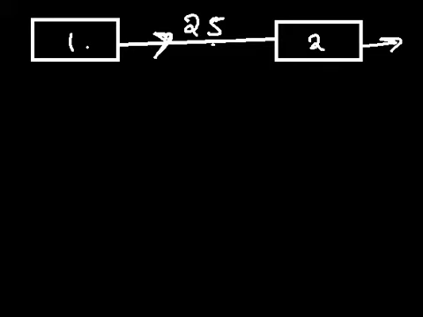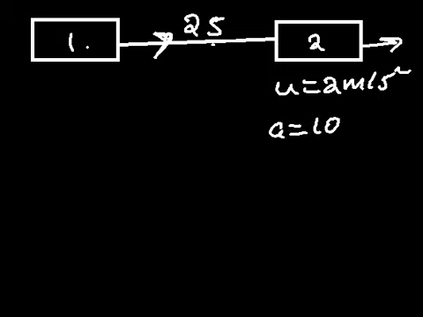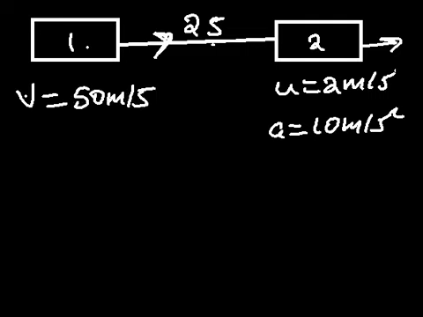And let's say object 2 is moving from an initial velocity of 2 meters per second, at a constant acceleration of 10 meters per second squared. By the way, the velocity has to be just meters per second. And let's say object 1 is moving at a constant speed of about 20 meters per second. Let's say that's the case.